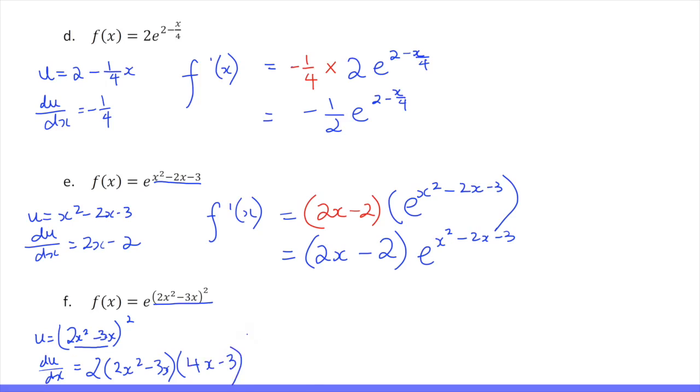Now, all of this is going to be multiplied by the function as it is, which is technically the derivative function, but it's going to look the same because it is an e function. So that's the derivative of the inside, and then multiplied by the derivative of the outside.